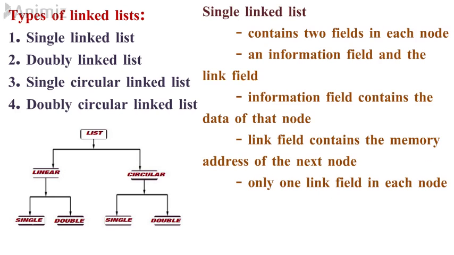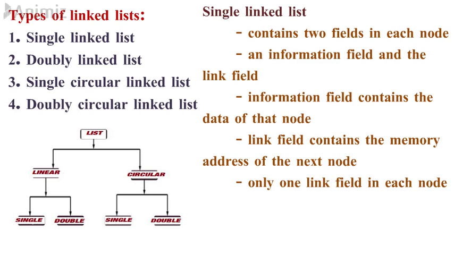Okay, now we'll enter into single linked list. Single linked list contains two fields in each node: the information field and the link field. The information field contains the data which you have to store, and the link field contains the address of the next node that is present in the list.